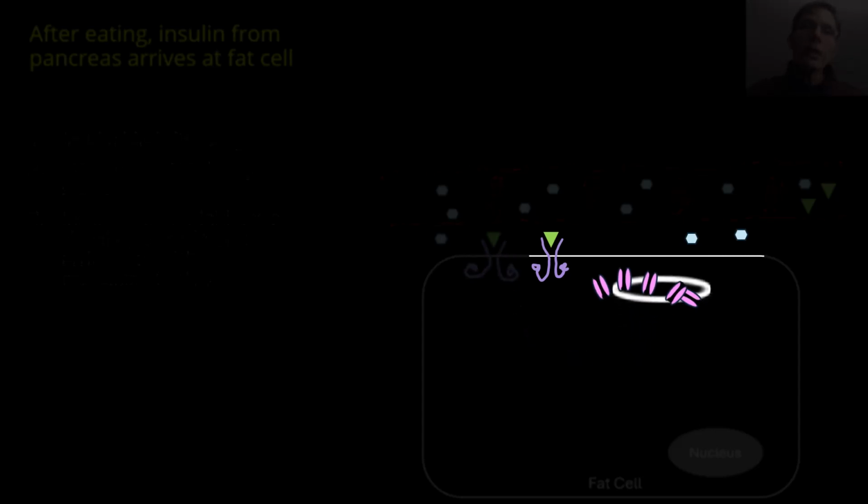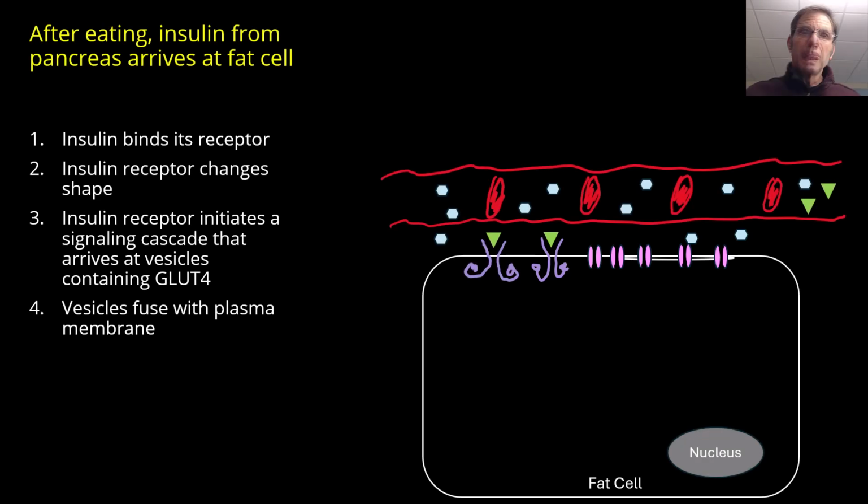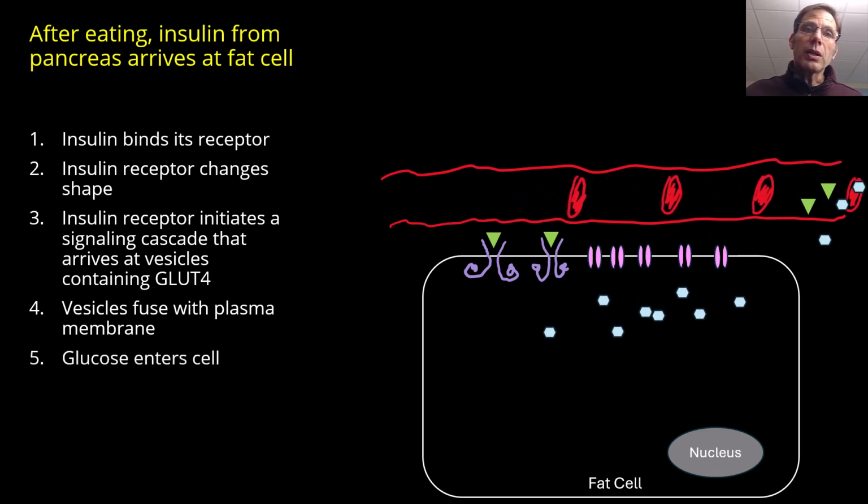Then those vesicles fuse with the plasma membrane of the effector cells, in this case a fat cell. At that point, glucose can enter the glucose transporters, those GLUT4 transporters that have been inserted into the plasma membrane. So blood glucose falls and homeostasis is restored.